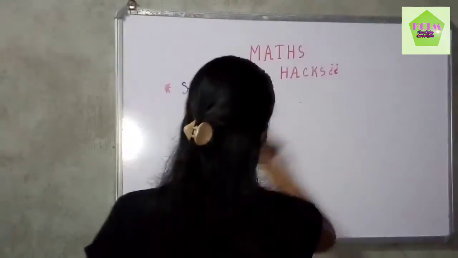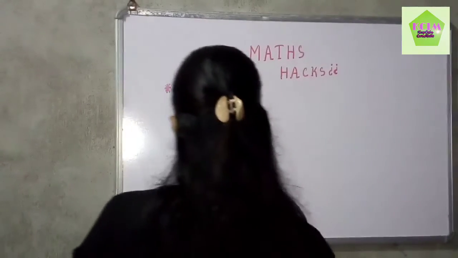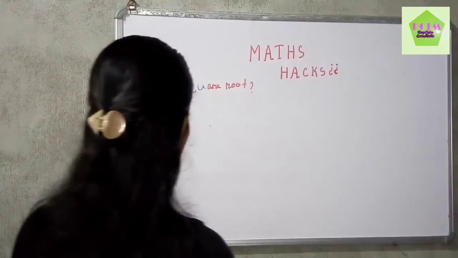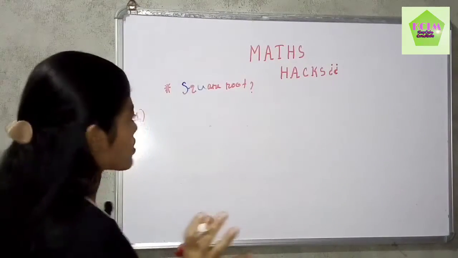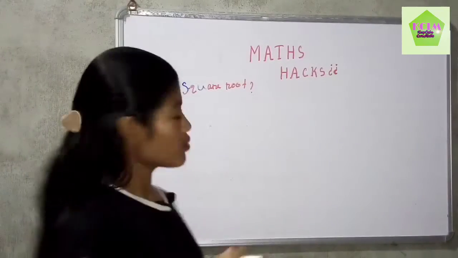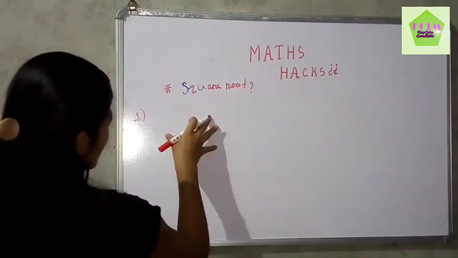So these are very basic, but sometimes everybody of us doesn't know some basic things of maths. So I have brought these things to you so that it will be helpful.